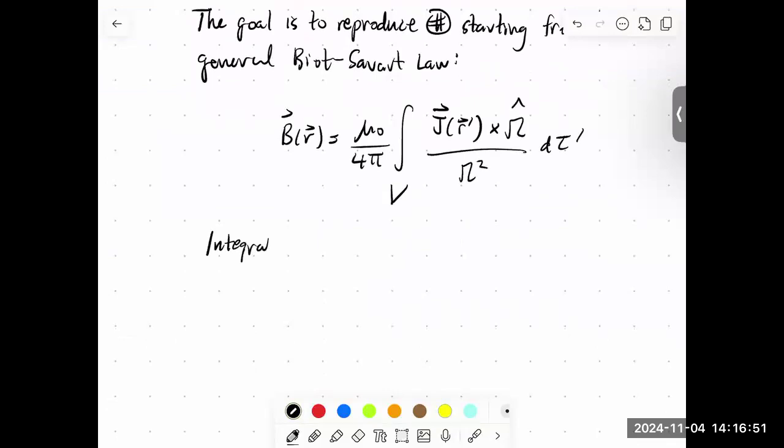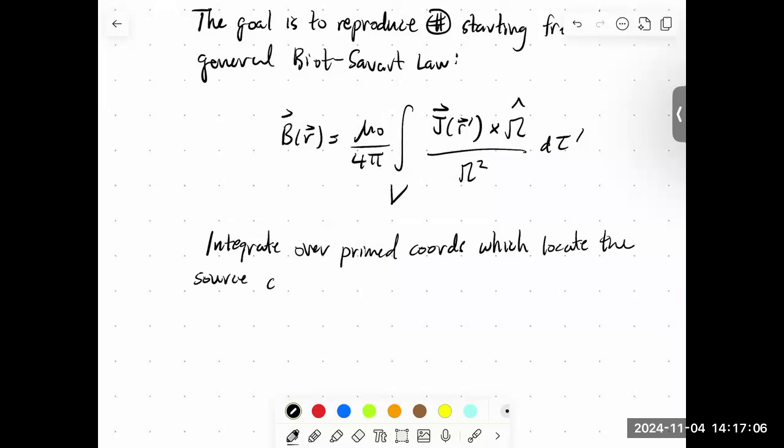We're going to integrate over the primed coordinates, which locate the source currents with respect to whatever the origin is of our coordinate system.